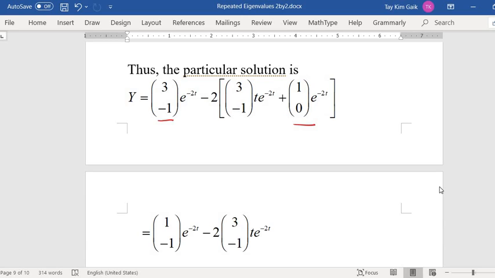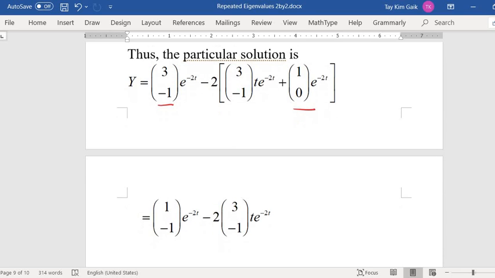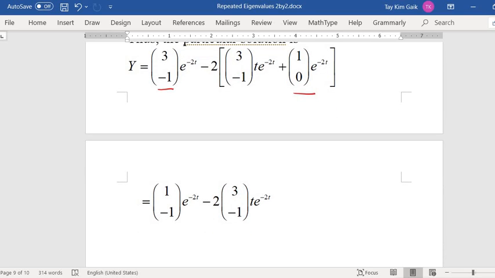Second row, negative 1 exponent negative 2t, since 0, so it's negative 1. To expand further, y1 will be the first row, which is exponent negative 2t minus 6t exponent negative 2t. And y2 will be the second row, which is negative exponent negative 2t plus 2t exponent negative 2t.